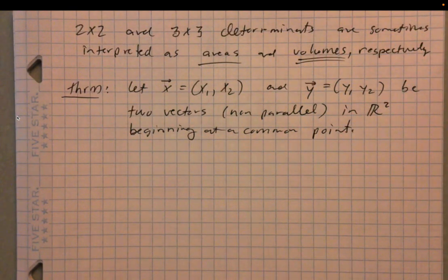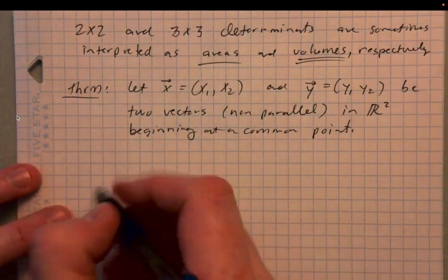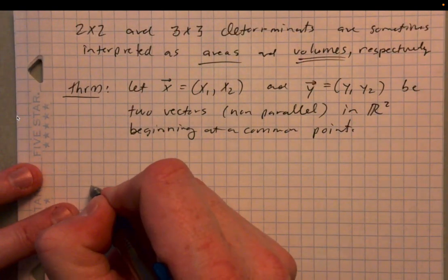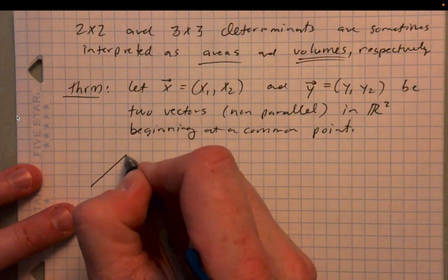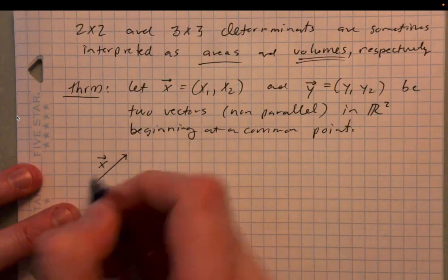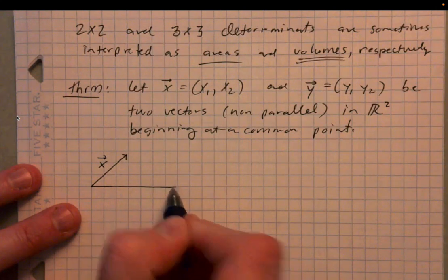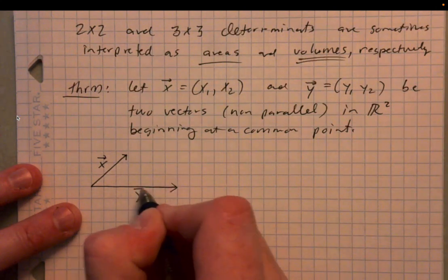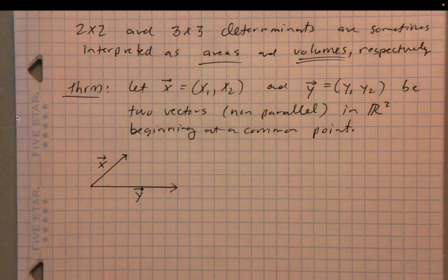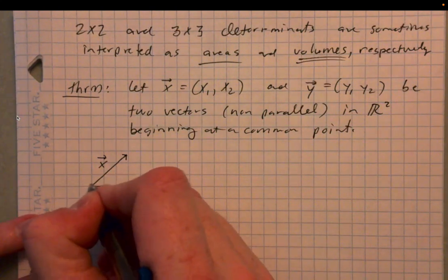Let's draw a picture here just to make sure we see what's going on. So I've got some vector here, which I'll call x, and some other vector here, which I'll call y. They obviously start at a common point.